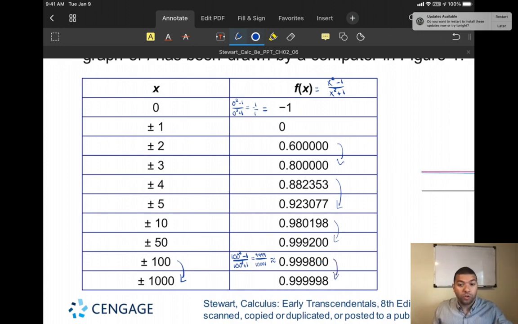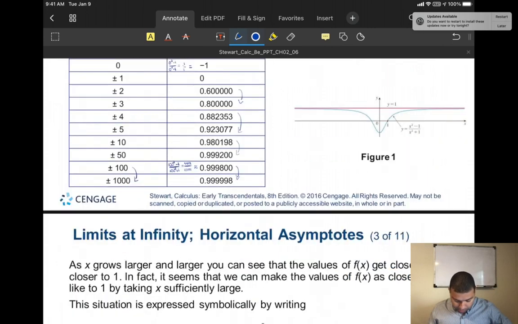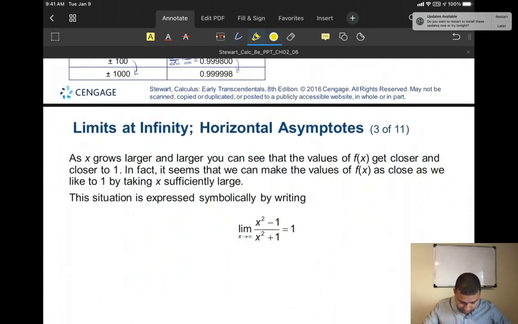They're getting closer and closer to 1. There's not going to be a huge change anymore after this, right? So we would guess that the limit of f of x as x goes to plus infinity, and that's the notation, is 1.